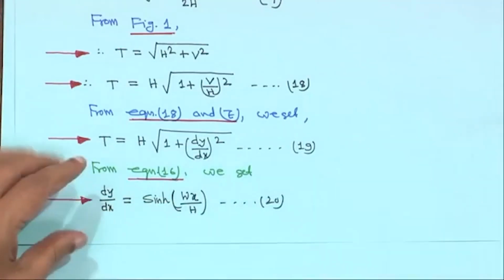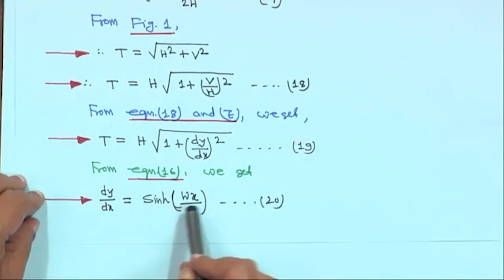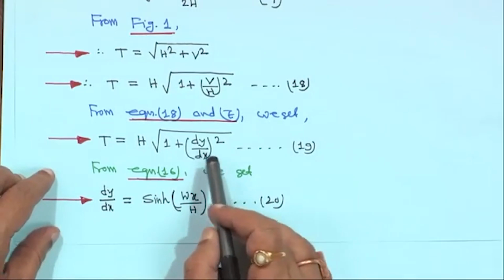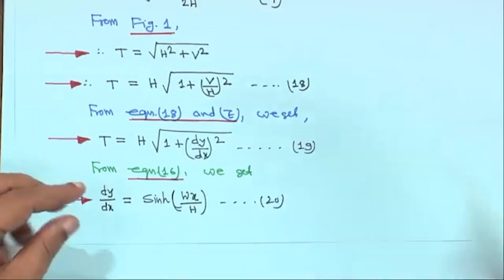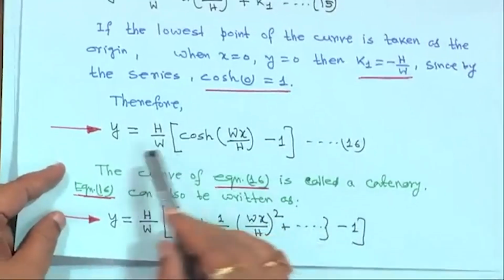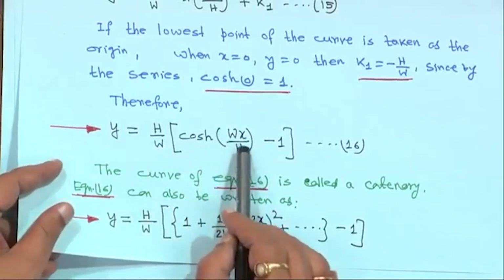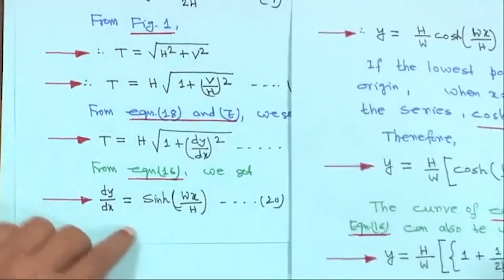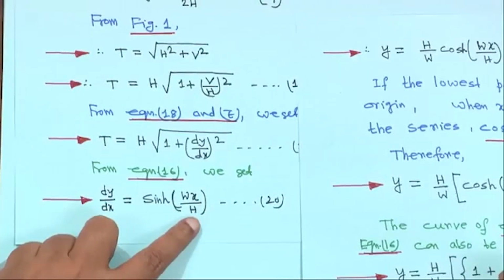So, that means, we get that dy by dx actually is equal to sin hyperbolic w x by h, because y is equal to h by w cos hyperbolic w x by h, right. So, ultimately dy by dx will come, that is sin hyperbolic w x by h.